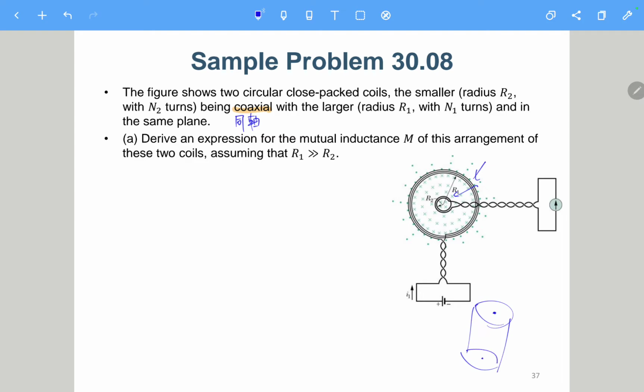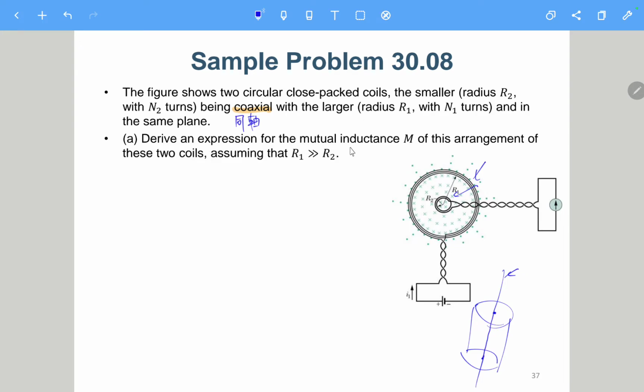If you connect the centers and extend, this is called the axis of the cylinder. So this is the 轴 of the cylinder. Coaxial means this cylinder and that cylinder share the same axis, with the larger one of radius R1 and N1 turns, in the same plane.